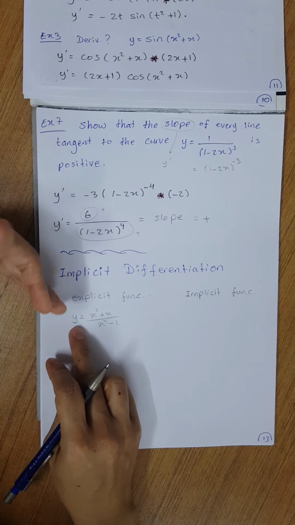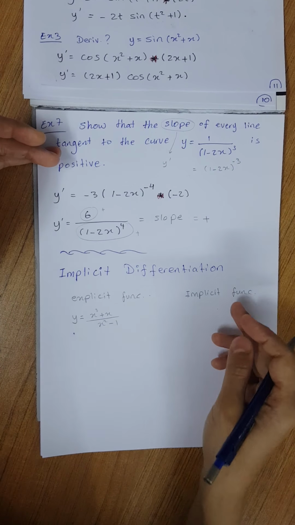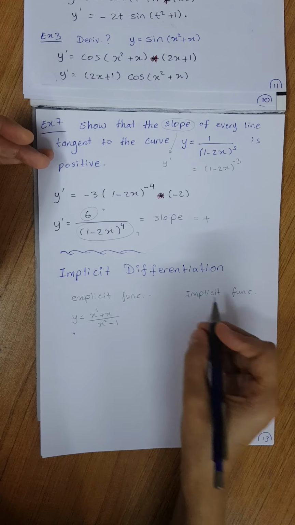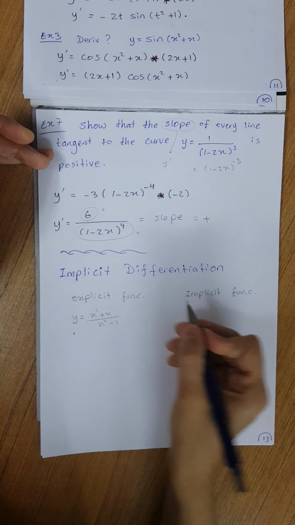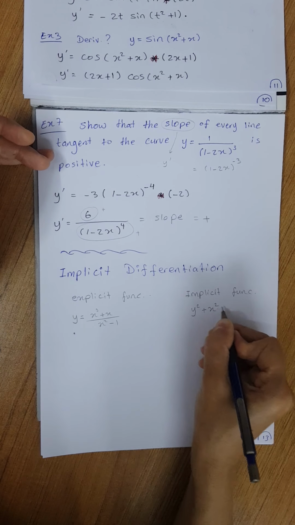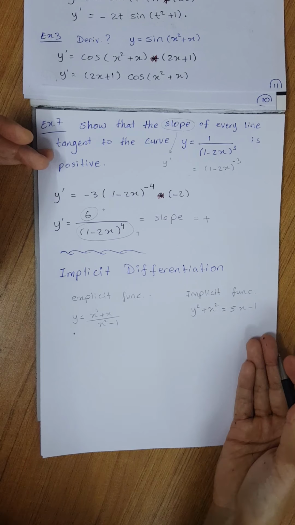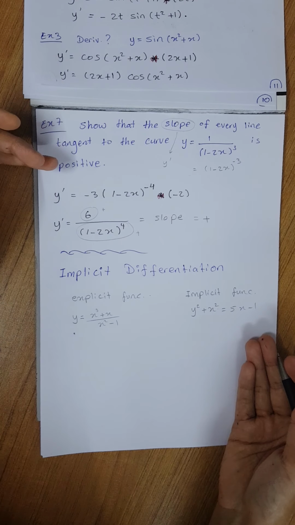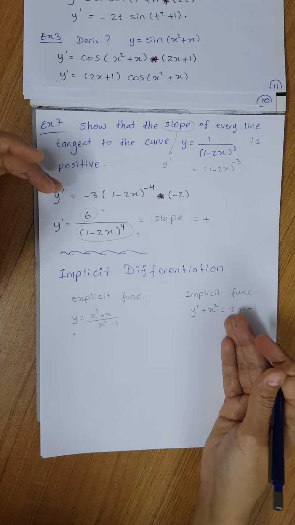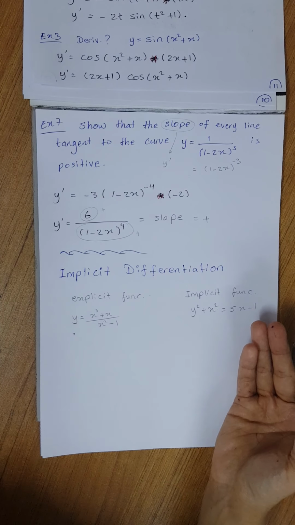Y is alone on one side and all the other things are on the other side. What is an implicit function? Implicit function is the mixture of both of them. They are mixed up. For example, y squared plus x squared is equal to 5x minus 1. If you look at this function, it's given implicitly. Y's and x are mixed together, and y is to the power of 2.